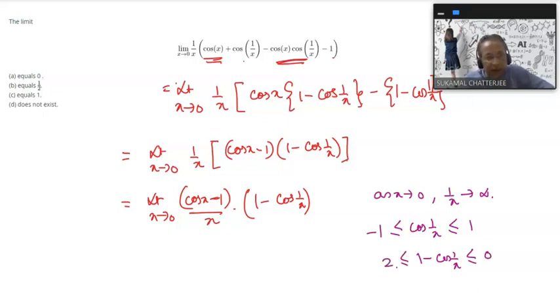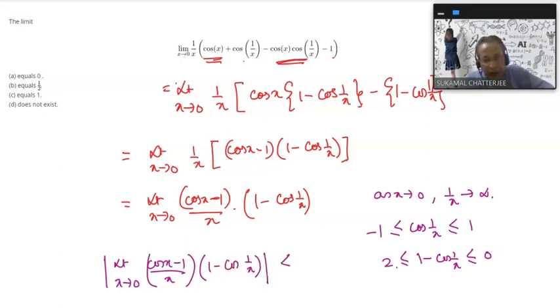So that means the absolute value of the limit x tending to 0 of cos x minus 1 by x into 1 minus cos of 1 by x will be less than or equal to 2. It is greater than or equal to 0, less than or equal to 2.